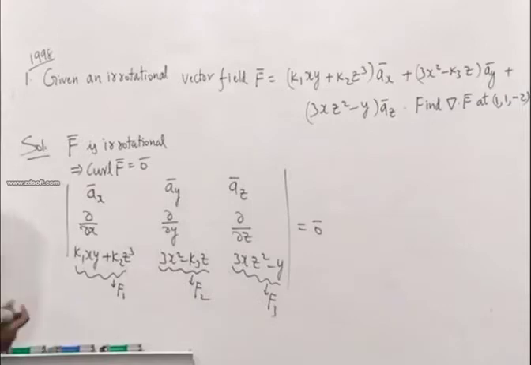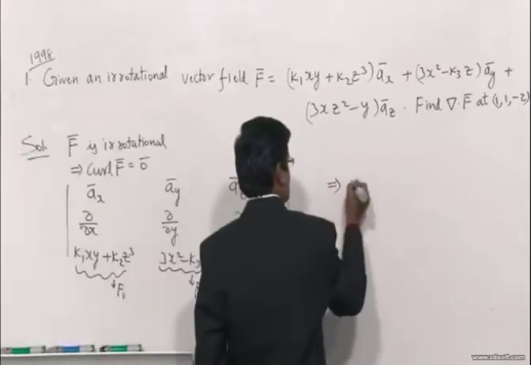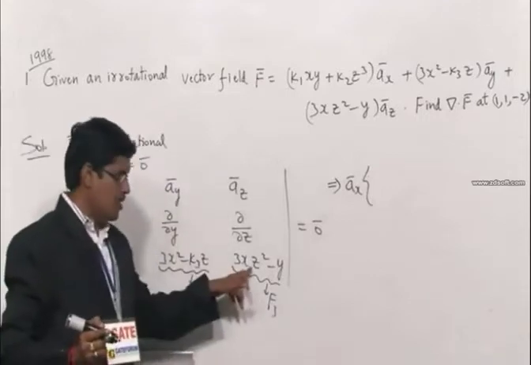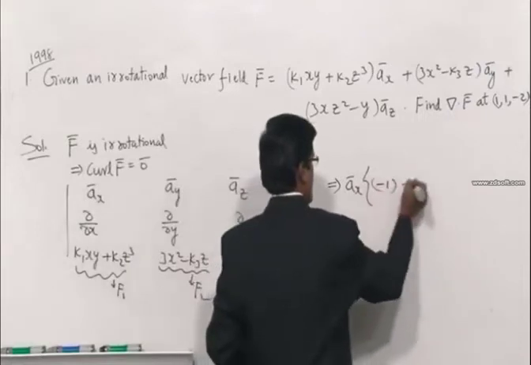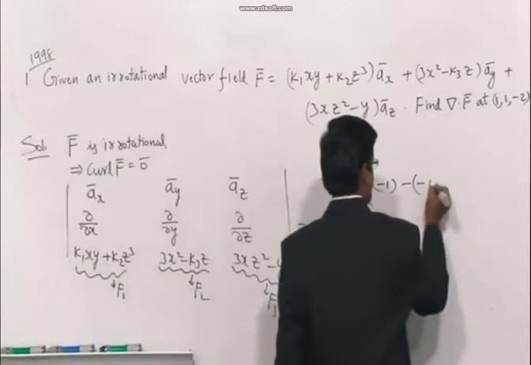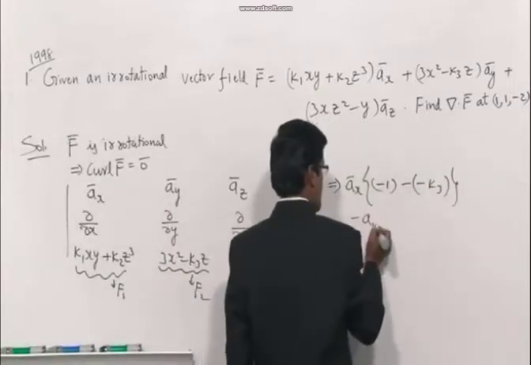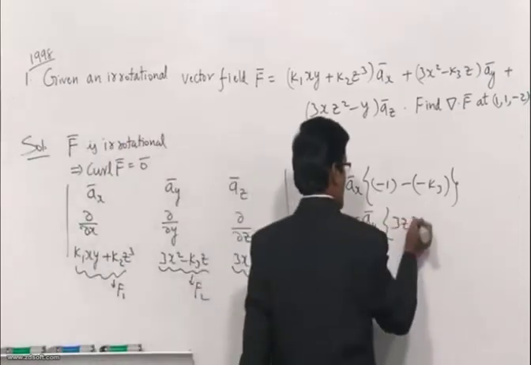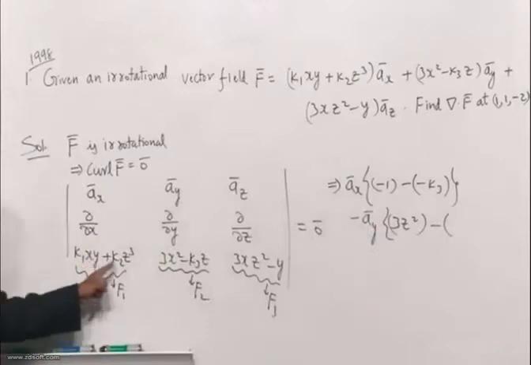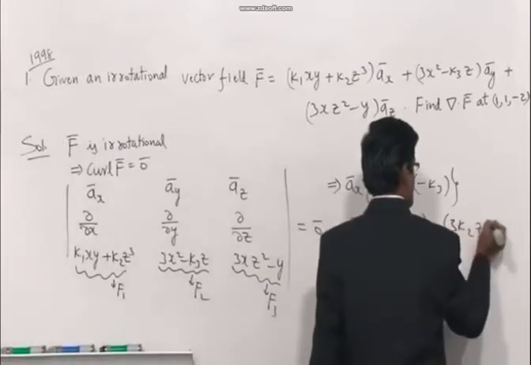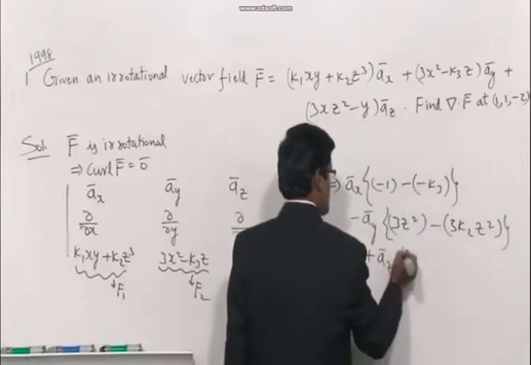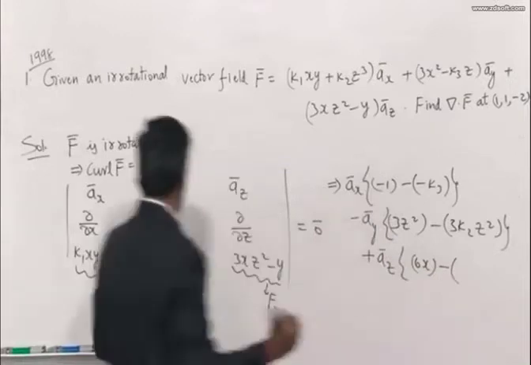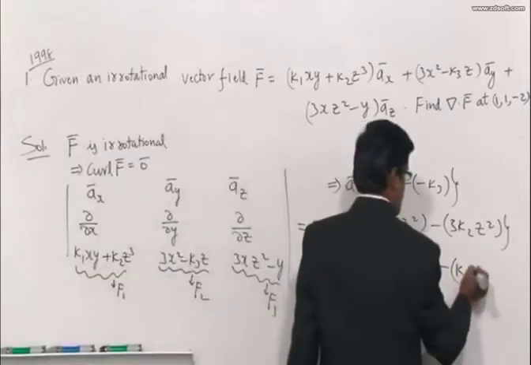And you know how to expand a 3 by 3 determinant. So this simplifies to ax bar into, closing first column first row, dou by dou y of this term, that is 3xz square minus y, gives minus 1, minus dou by dou z of this term, that means minus k3, minus ay bar into, closing the second column first row, dou by dou x of this term, 3z square, minus dou by dou z of this term, that is 3k2 z square, plus az bar into, closing the last column first row, dou by dou x of this term, 6x, minus dou by dou y of this term, k1 x, is equal to 0 bar.